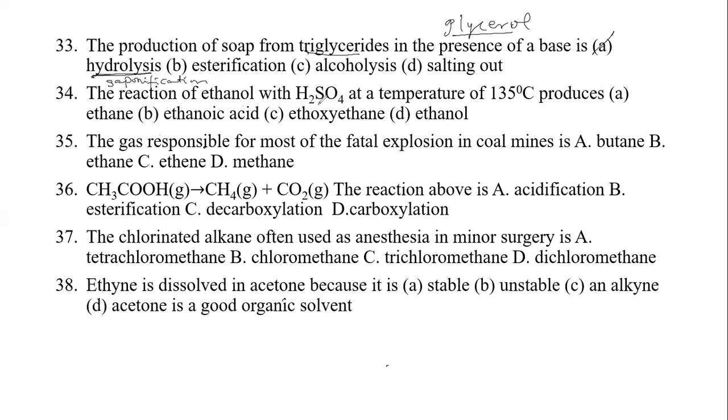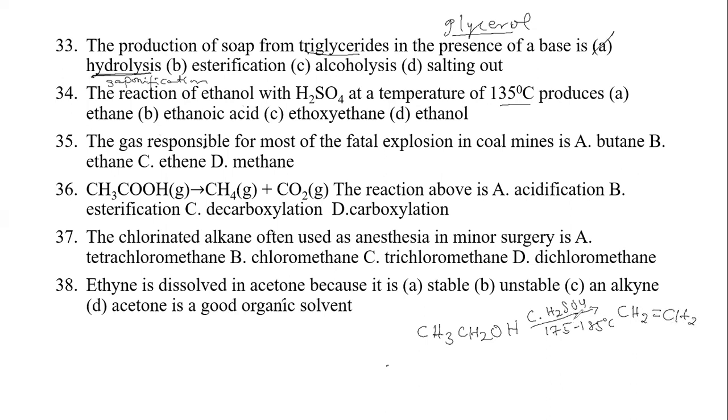The reaction of ethanol with H2SO4 at a temperature of 135 degrees is what? Now, when ethanol reacts with conc H2SO4, the dehydration at elevated temperature, that is conc H2SO4 at a temperature of 175 to 185 degrees, is going to produce an alkene, which is ethene.